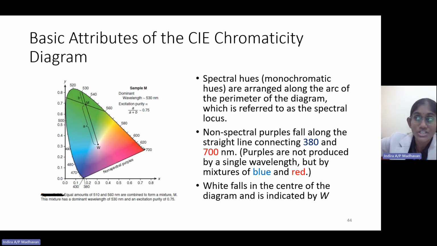Each of these rainbow colors is monochromatic, while the white color is polychromatic. It's a combination of all colors. So this is particularly made so that all the colors inside are the visible colors, and whatever falls outside are the imaginary colors. So that is the CIE diagram.